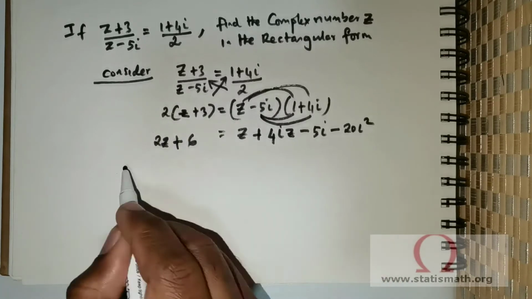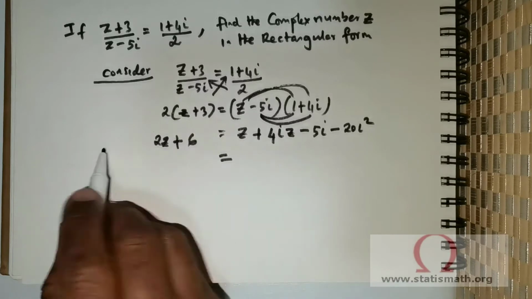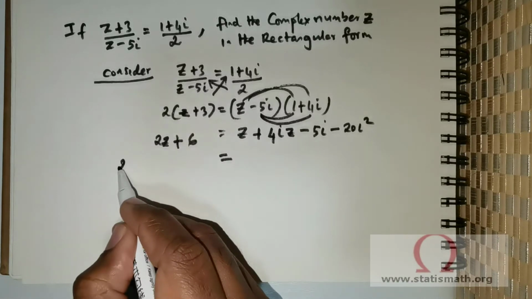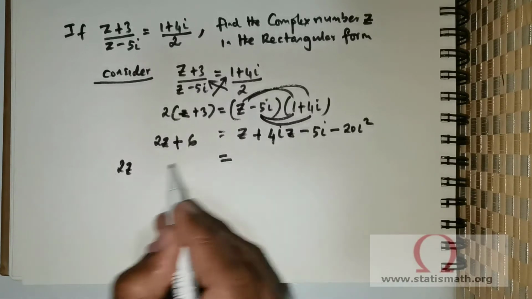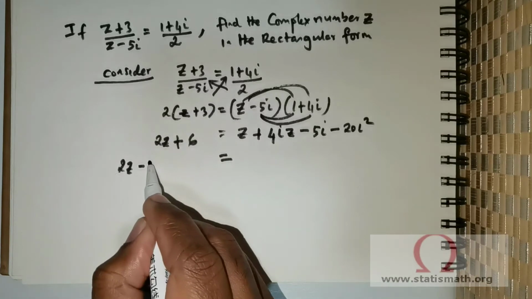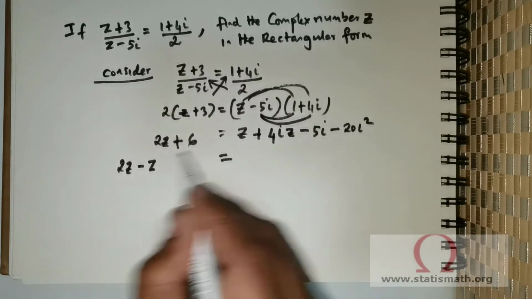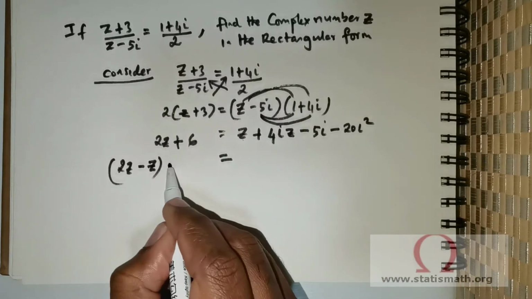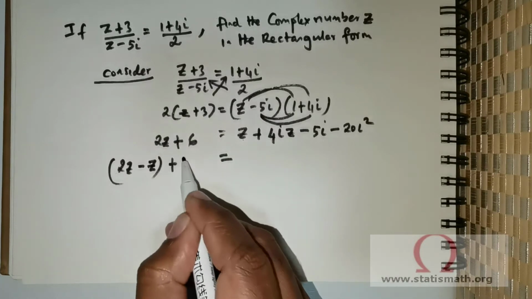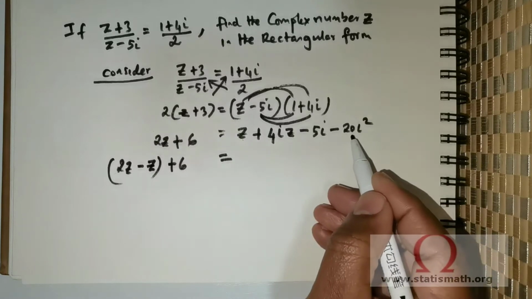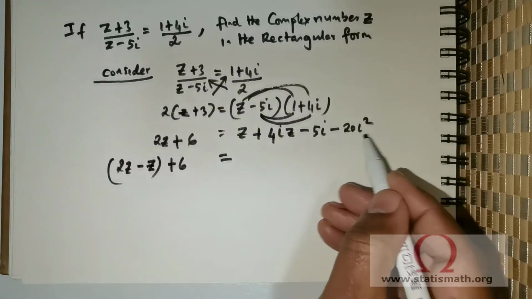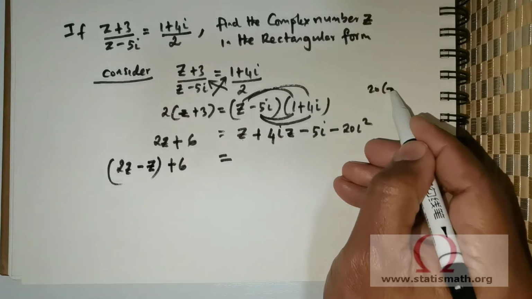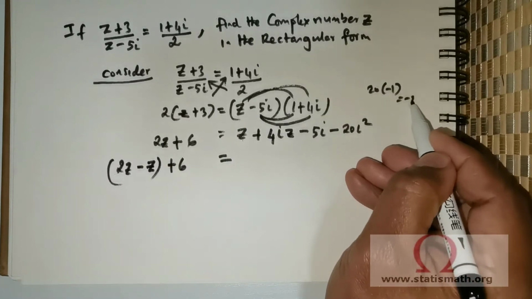I want to move all the z's, so that would be 2z here, and I bring a negative z there, and I get a positive 6 there, and this is going to be 20i². That's going to be -1, so that's going to be -20.